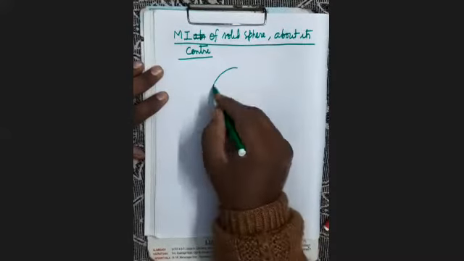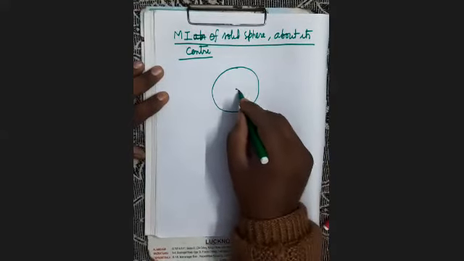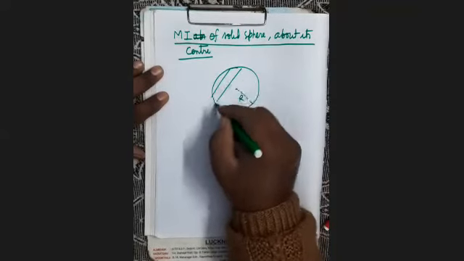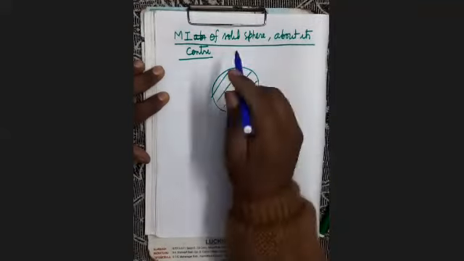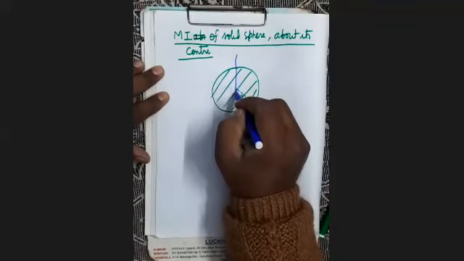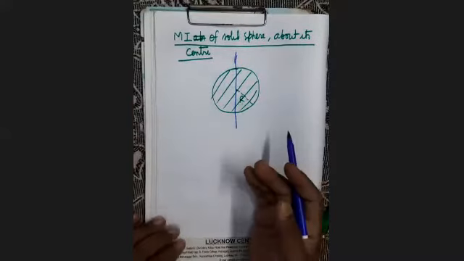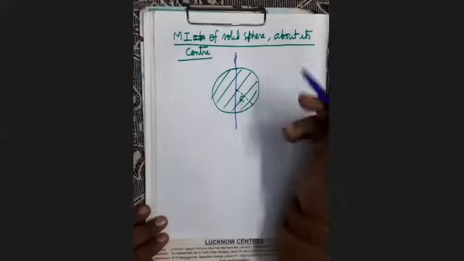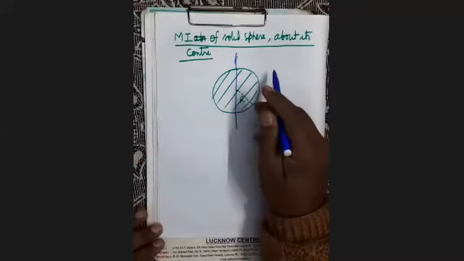It's clear. Here it is a solid sphere of mass M and radius capital R. It is completely filled with material. You have to determine moment of inertia about an axis passing through its center. Here there is no meaning of the perpendicular. Axis may be in any way, because it is a three-dimensional body.